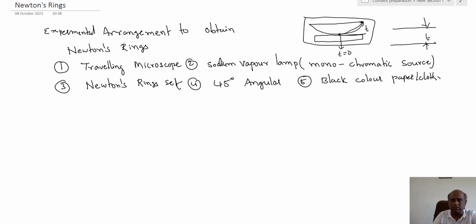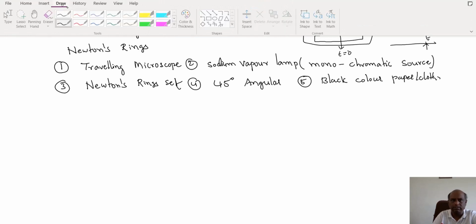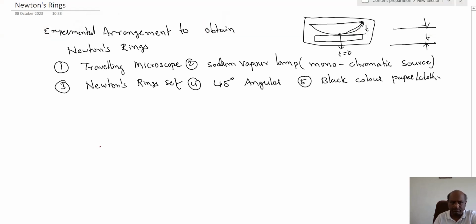So in this case, what we are going to have is a source. Light is moving in all possible directions in a spherical form from the source.